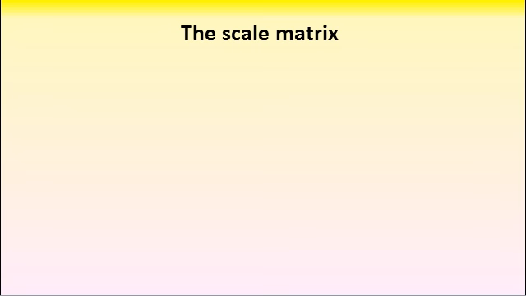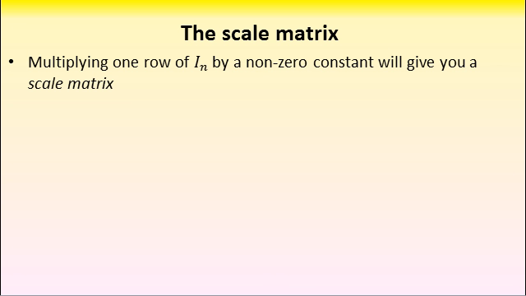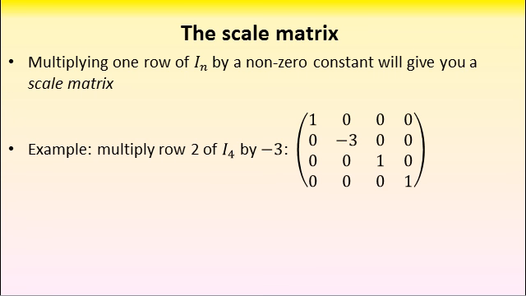Repeating, by multiplying one of the rows of the identity matrix by, and this is important, a non-zero constant, that will give you the scale matrix. You're not allowed to change one of the diagonal elements into 0. Here's the example again. The scale matrix is also called an elementary matrix of type 2.